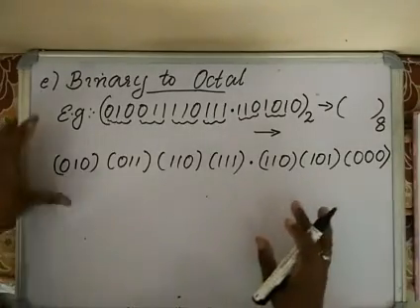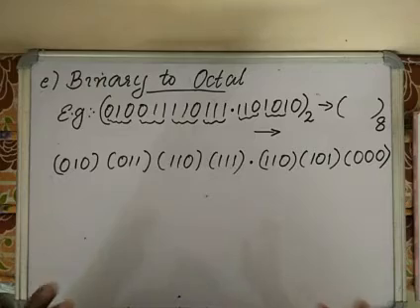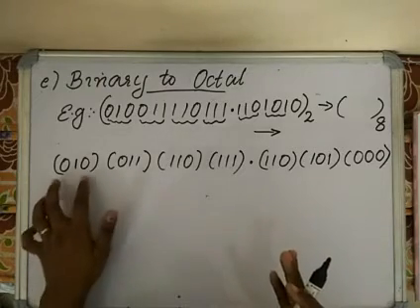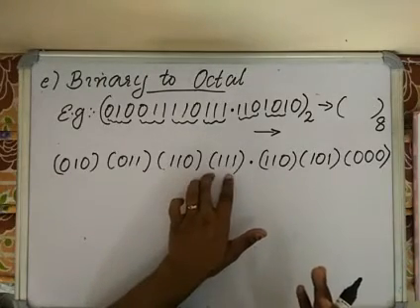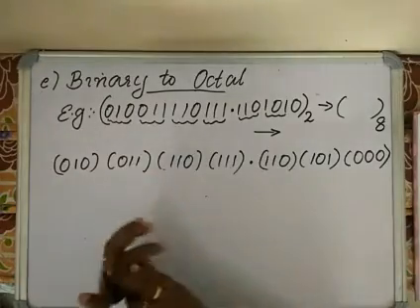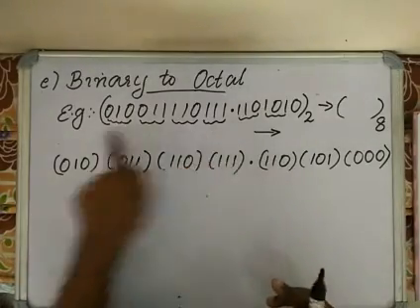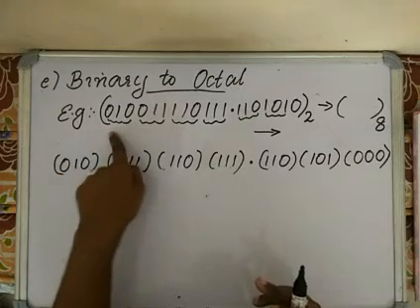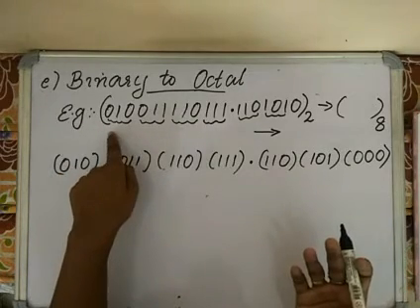So the first step was that the given binary number is partitioned into groups of 3 bits from the decimal point. If you start from the left end, the answer may not be correct.